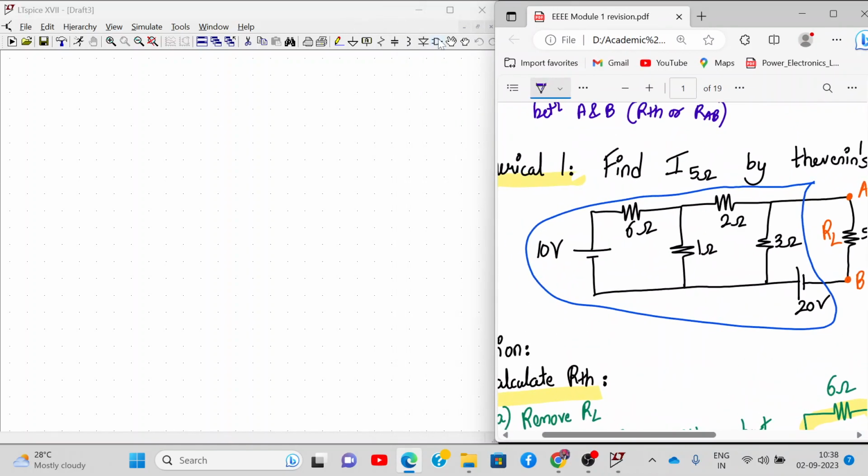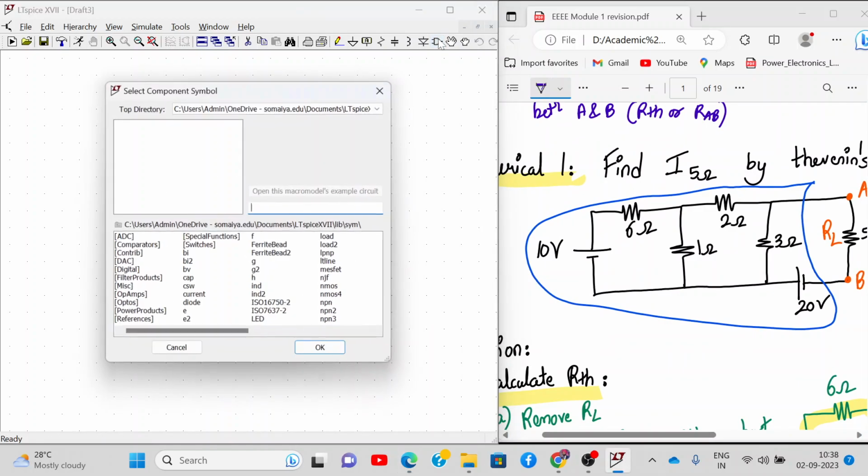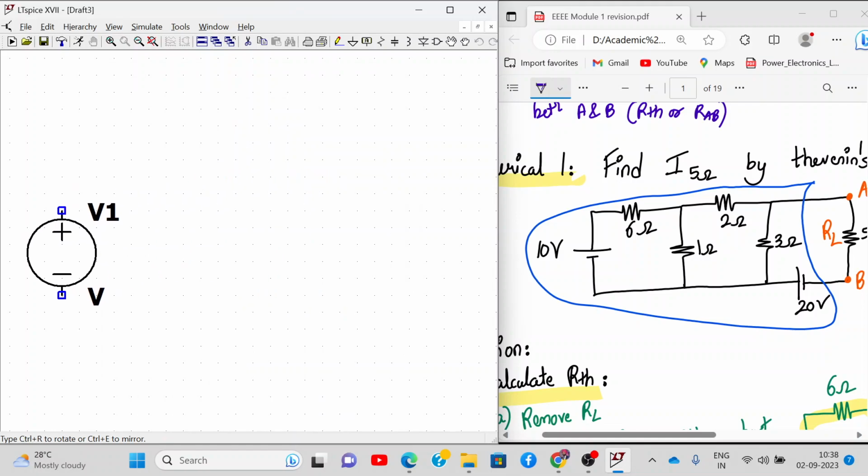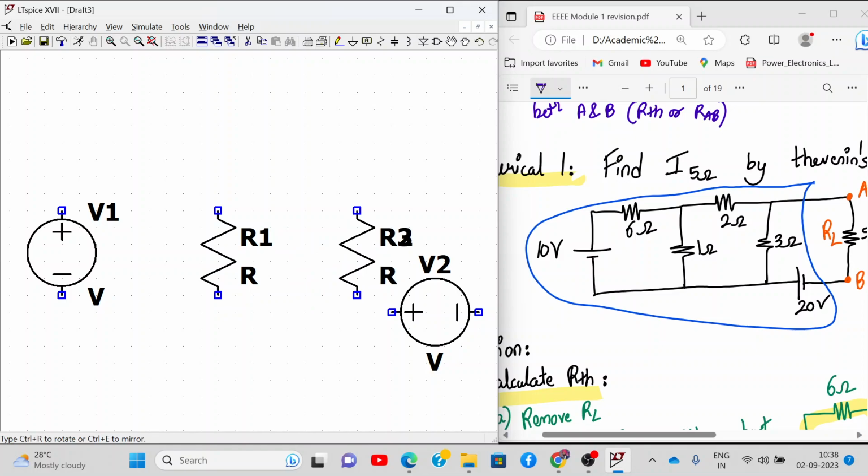So you just watch for a few, 1 or 2 minutes. I'll make the circuit. So you go over here in components and type voltage. So this is my voltage, 10 volt. I require 20 volt also. So I'll press Control R to rotate. Then here are the resistors. You'll add resistors 1 and 2.